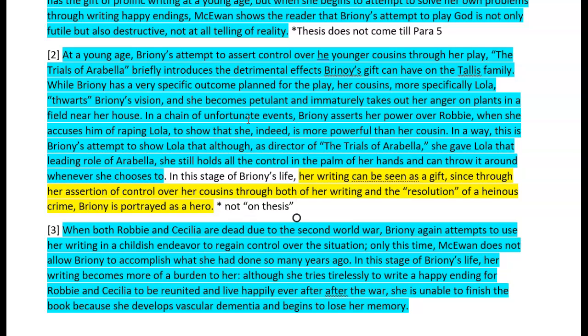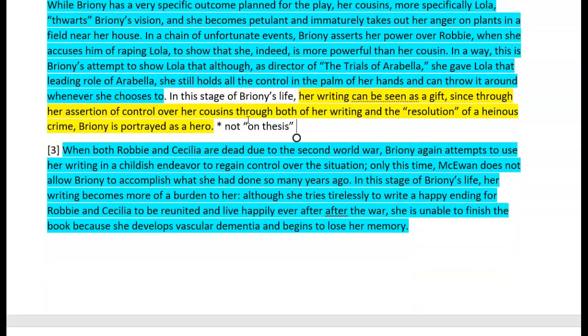So the way that the author described this to show that she did this to show she's more powerful over her cousin, it's not quite explained in a way that helps us understand what Robbie and Celia being dead due to the Second World War have to do with anything.